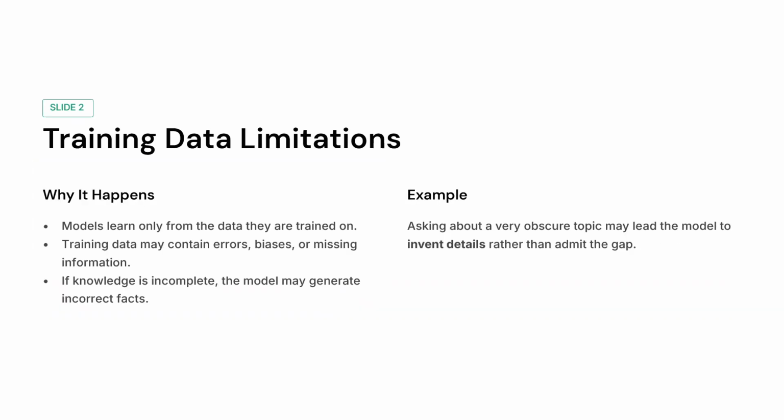Another reason could be the limitation of the training data. Generally, models are trained on large amounts of data, but sometimes the data may be outdated or inaccurate, or contain errors or biases. So, if the data the model is trained on is incomplete, the model may try to fabricate its own facts and generate incorrect responses.